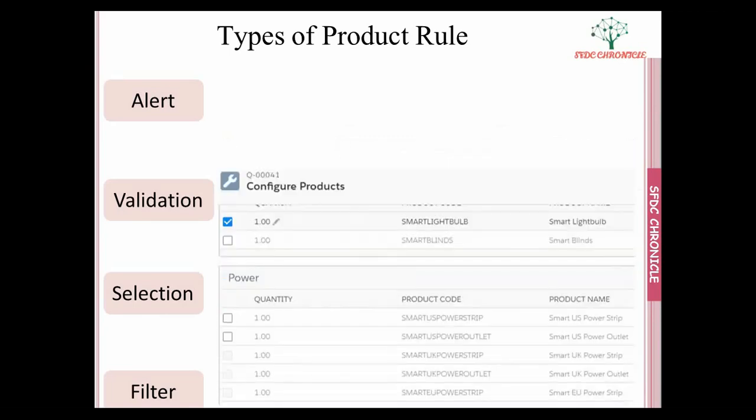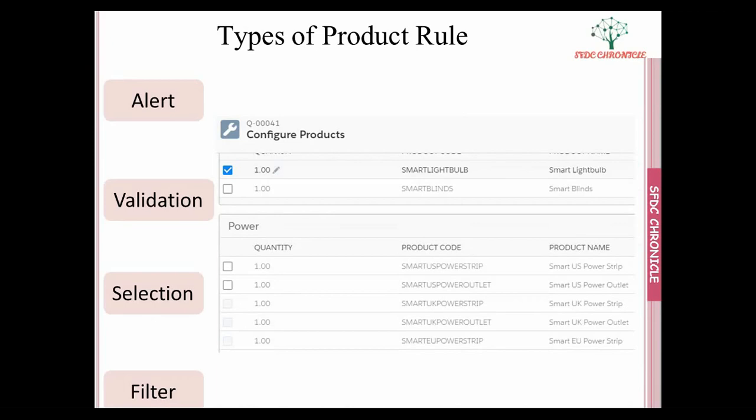The third one is selection. Selection means whenever you select a particular option in your configured product layout, then some other product that is not compatible with that particular product will be disabled automatically.